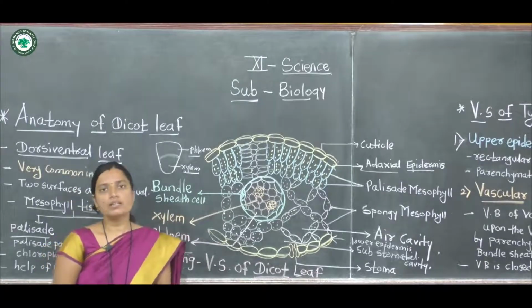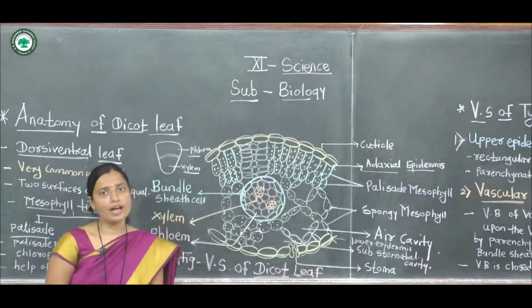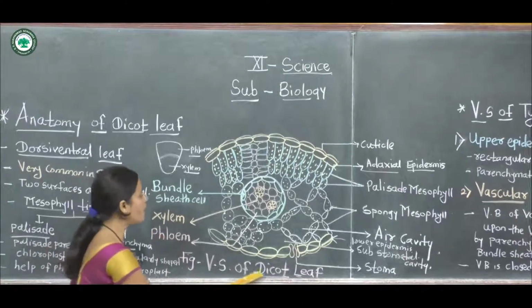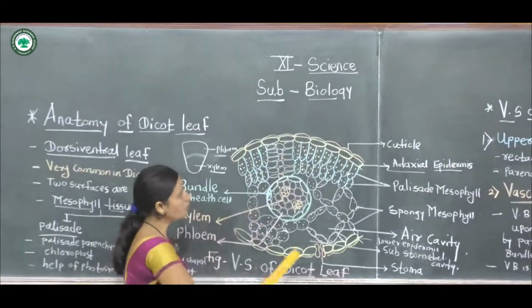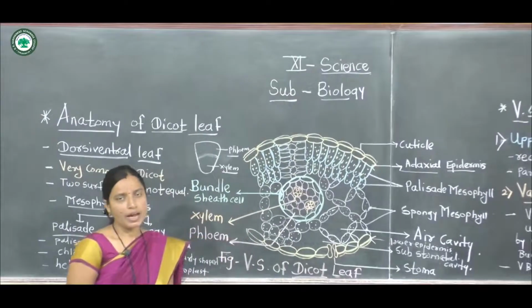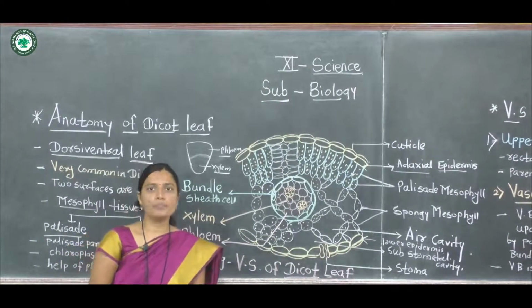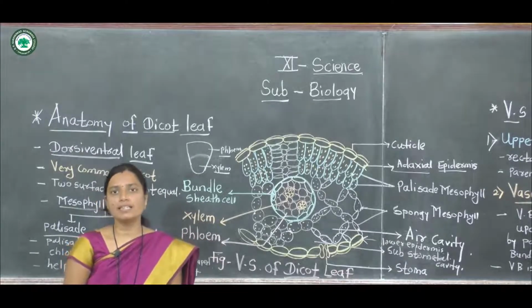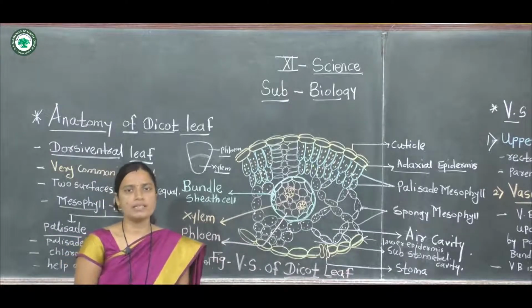Now this is a dorsiventral leaf of dicot plants. The section of the dicot leaf shows different layers, and it is a dorsiventral leaf because the dorsal and ventral surfaces are distinct.